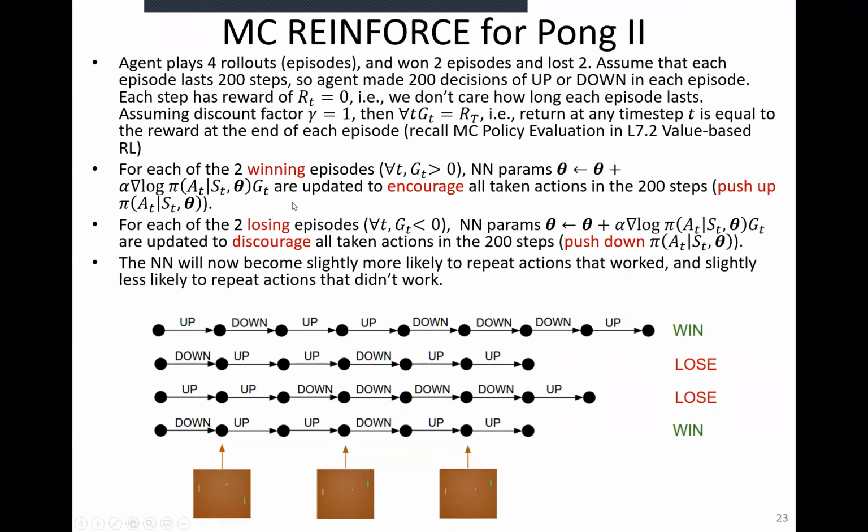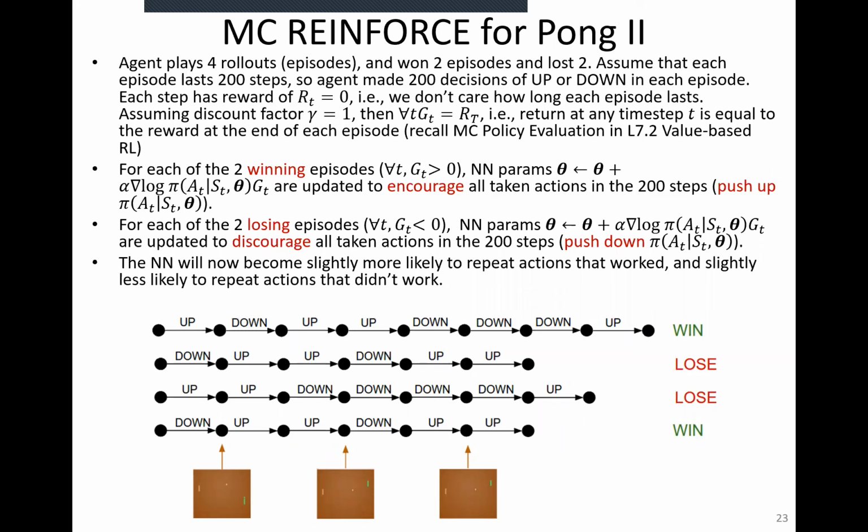So for each of the 2 winning episodes, for all t, G_t is positive. The neural network parameters are updated to encourage all taken actions in the 200 steps, to push up the probability of the action a_t given s_t in this trajectory of the state, action, reward. And for each of the 2 losing episodes, you update the parameters to discourage all taken actions in the 200 steps.